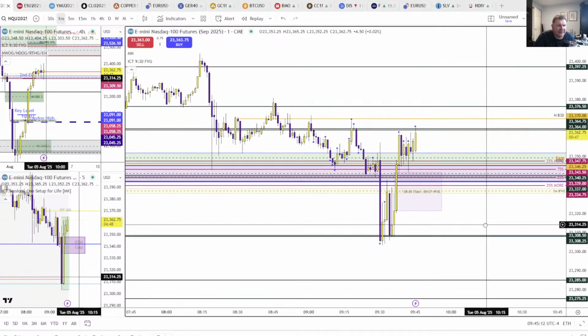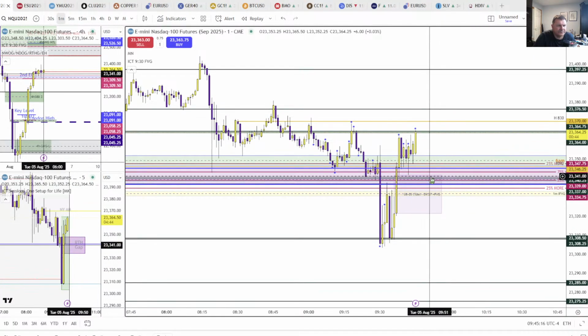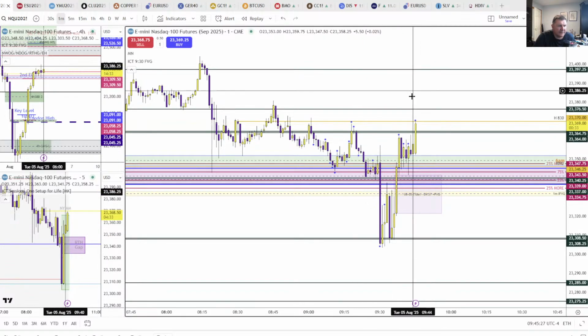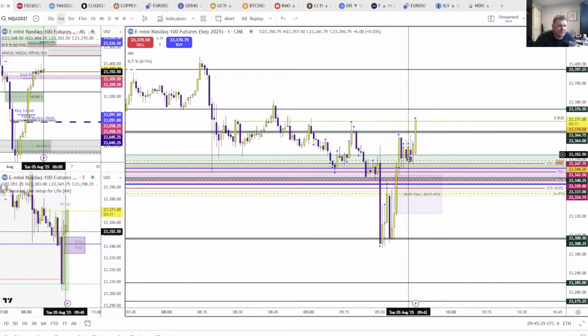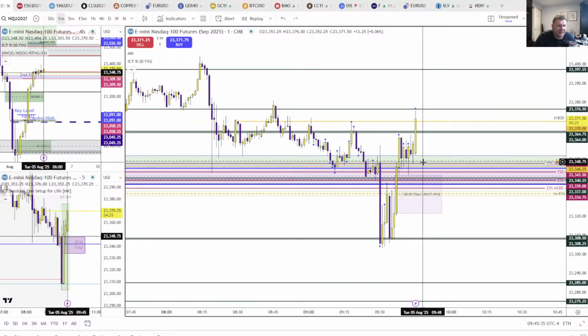And that is exactly the place we're looking for. Big bold candle, let's go. Give us that little fair value gap up there.